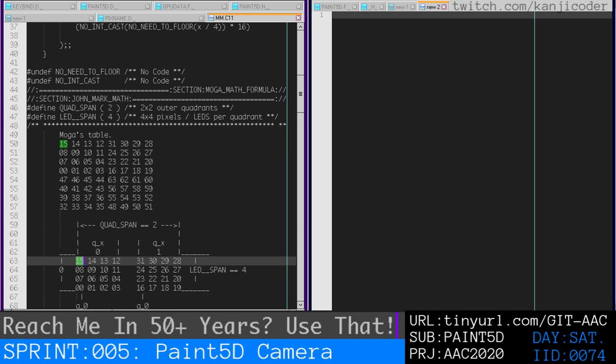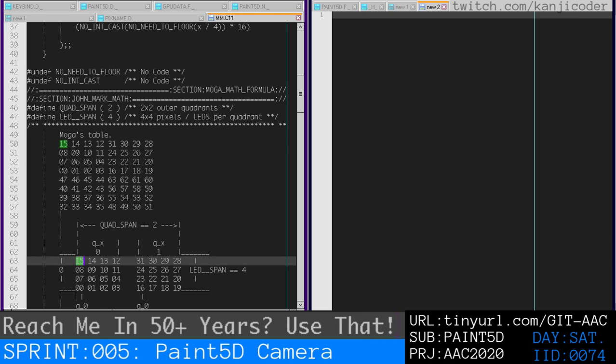One, two, three, 4. So we're going to modulo 4. If we modulo 4, we'll get our groupings, but that's just local. Actually, I want to divide by 4.